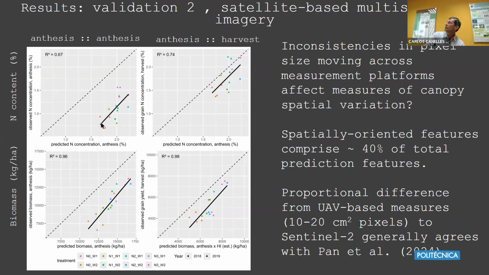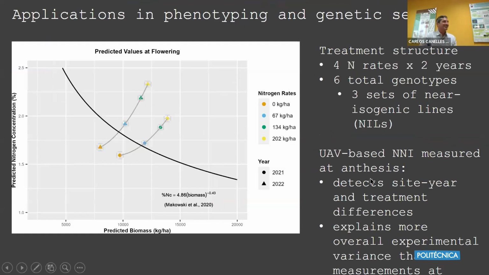But basically, good linear relationships, but over predictions. And the over predictions are greater at the anthesis measurements than at the harvest measurements. And I would love to talk about why and what you guys think about that. Because it seems like there's promise there, but all the details aren't figured out yet.